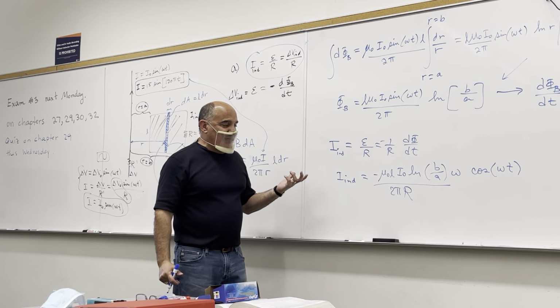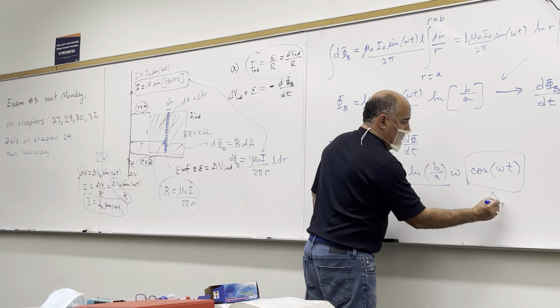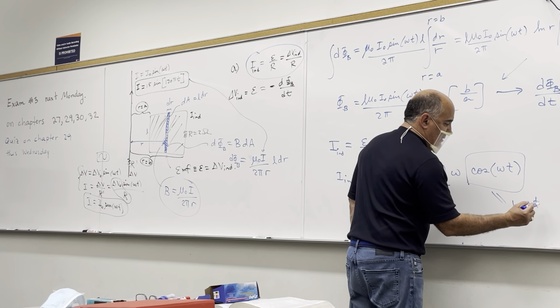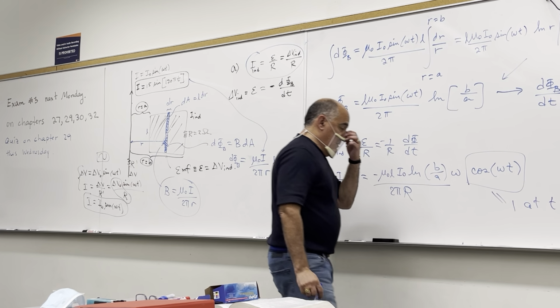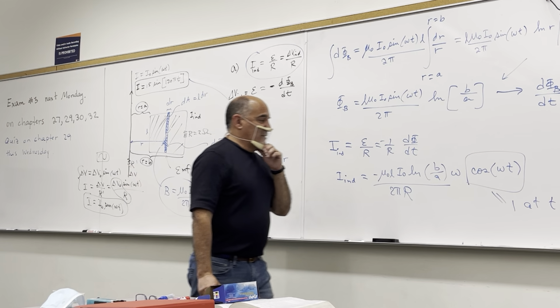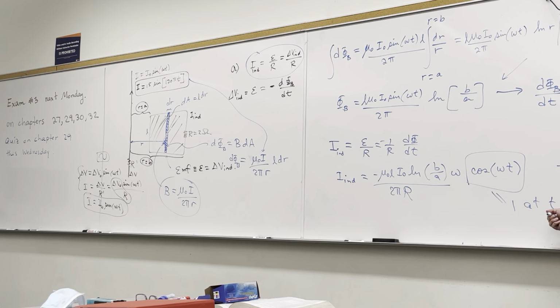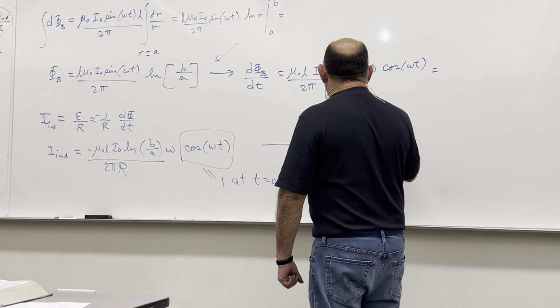the direction of that current. But at t is equal to 0, all of this would be 1, because cosine of 0 is 1, right? So the current would be, all of that, except that the cosine omega t goes to 0. So that would be mu naught, which is 4 pi times 10 to the minus 7, times L. L is this thing, which in this problem is like 8 centimeters, so that's 0.08 meters.